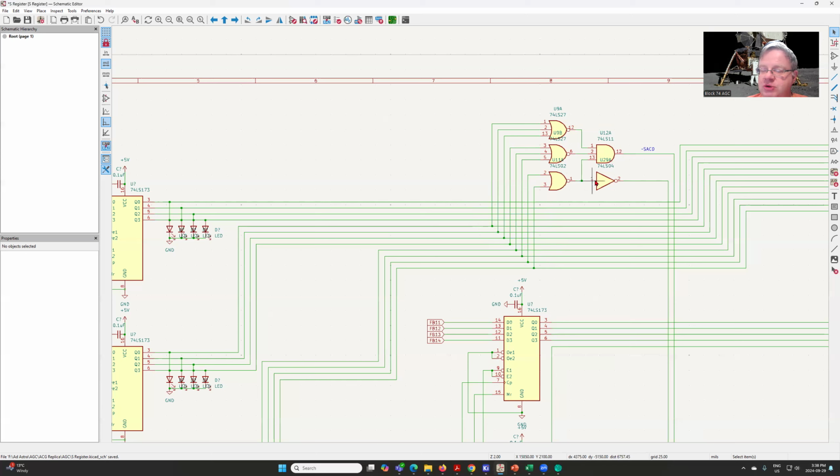And then we'll also have some additional logic on our contents of S11 and S12 for, as we talked about in the last episode, our erasable memory. We actually only use 10 bits.